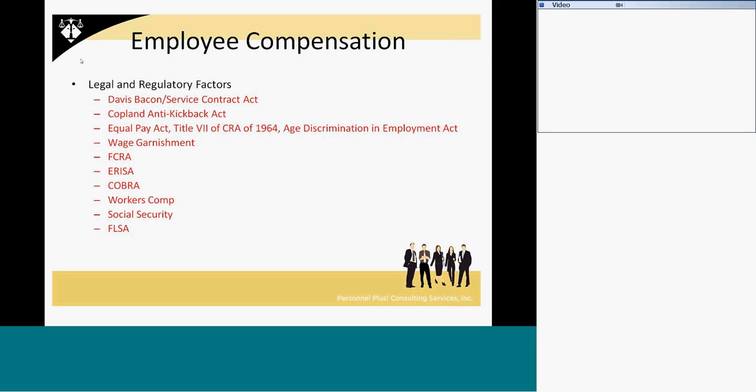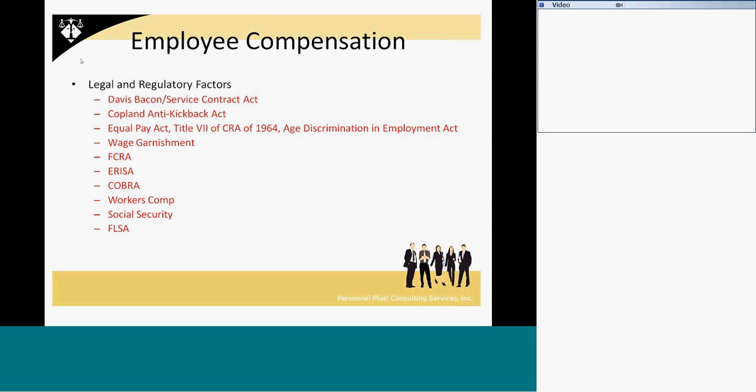In other words, you can't throw the person out of their home. You can't deny them sufficient money to buy food in order to settle their debts. So it's a law that attempts to find a balance between money owed to somebody and their wages and their living expenses. We talked earlier about the Fair Credit Reporting Act.